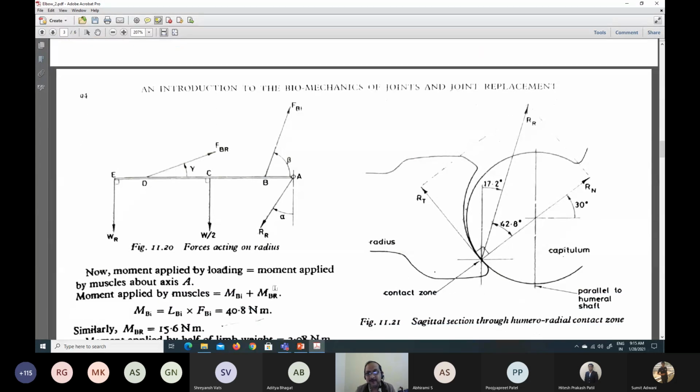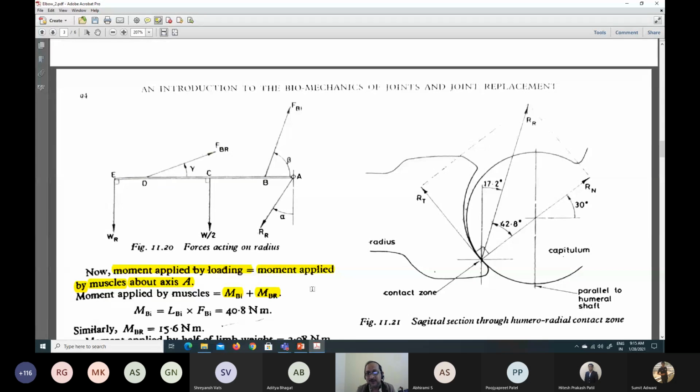So obviously, the next step is applying the principle: the moment applied by the loading is equal to the moment applied by the muscles about the joint axis A. So what are the muscles? We have the moment created by biceps, and the moment created by brachioradialis.